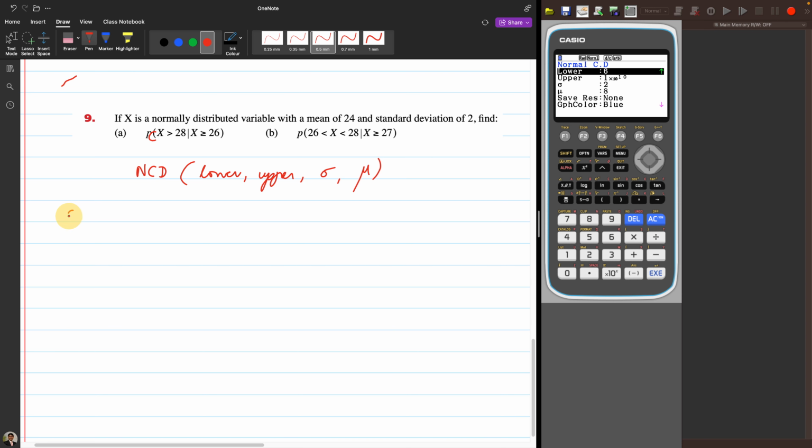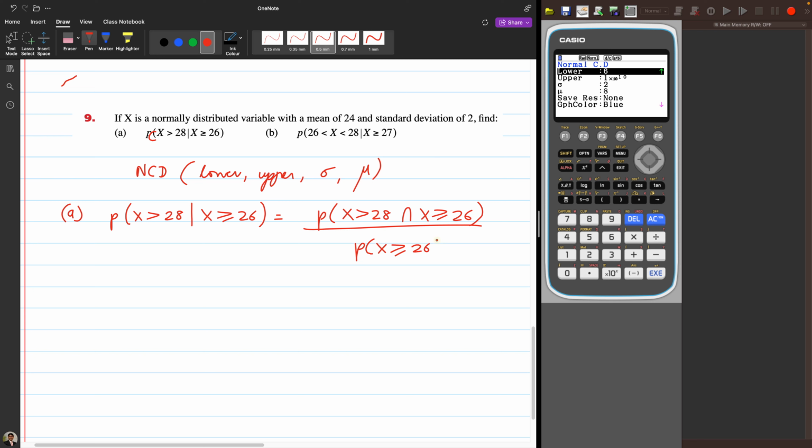Now, I'll start with 9a. Probability x is greater than 28, given that x is greater than or equal to 26, will be probability that x is greater than 28 and x is greater than or equal to 26, divided by probability that x is greater than or equal to 26. Now, what does the numerator become?